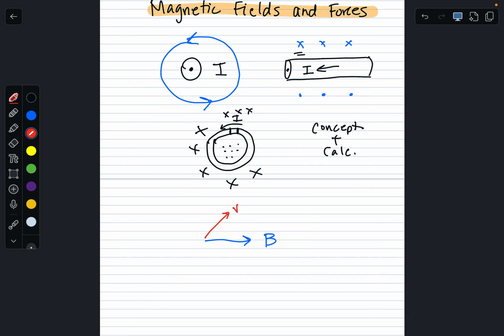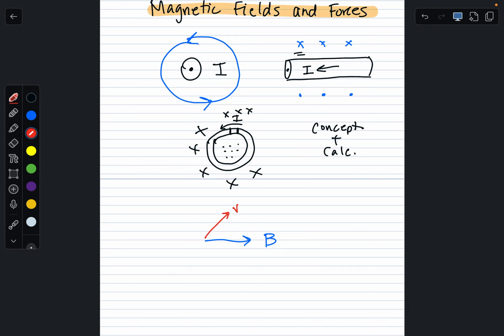The way the textbook does it, V is thumb, B is pointer, F is the middle finger.